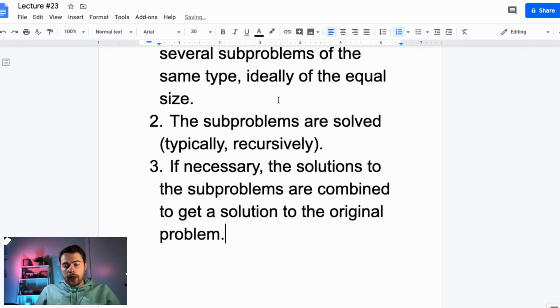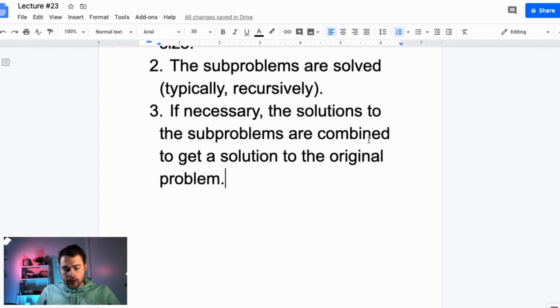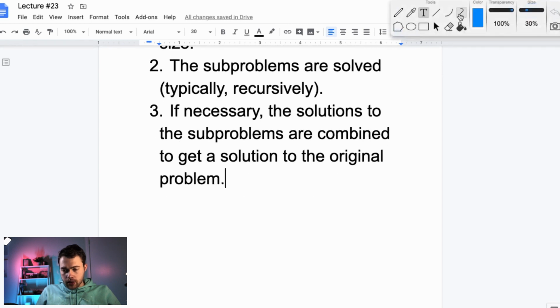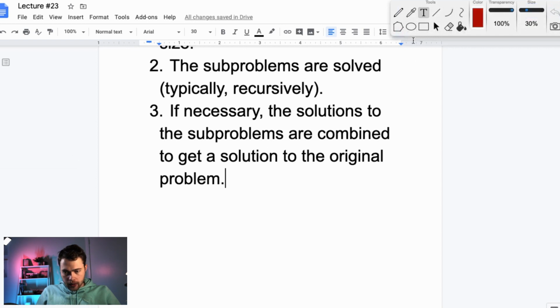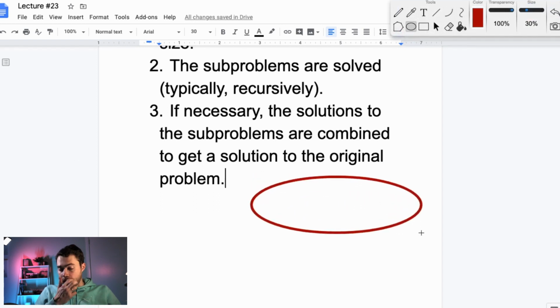Okay, so if I was to draw a diagram, here's what it would look like. Let's say that is the original problem of size n. And then we divide it into 2 parts.